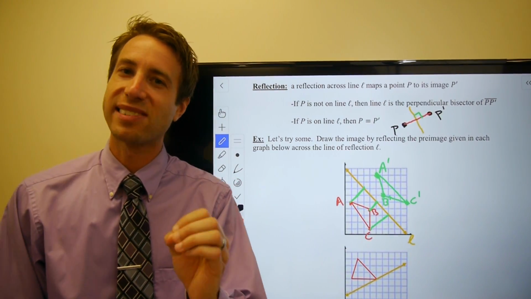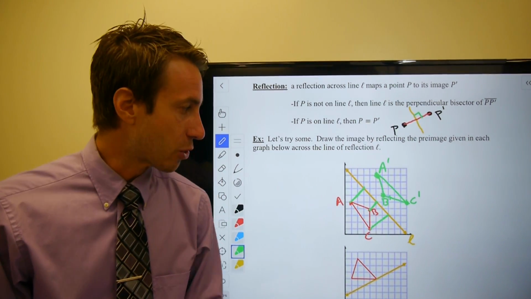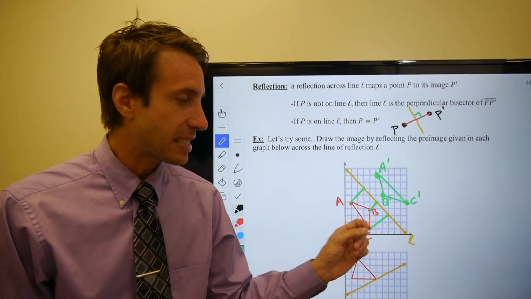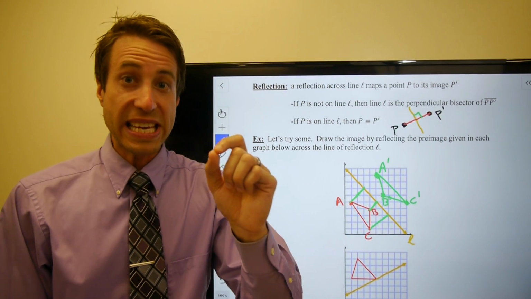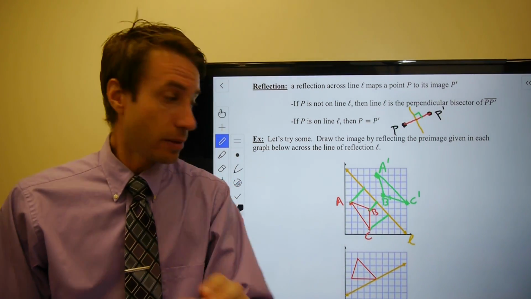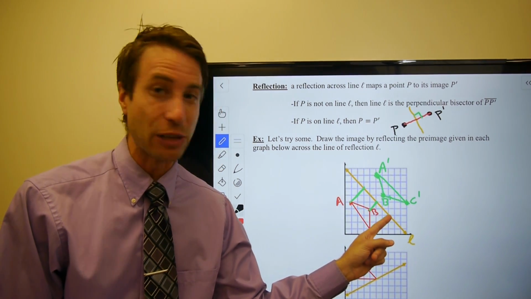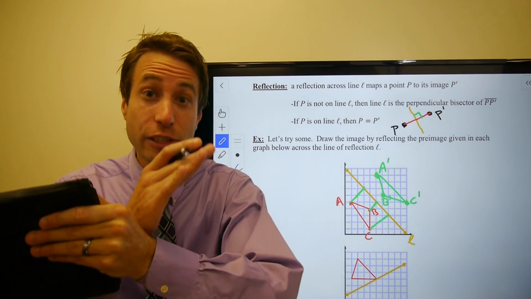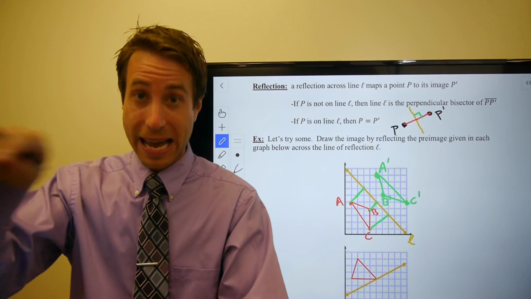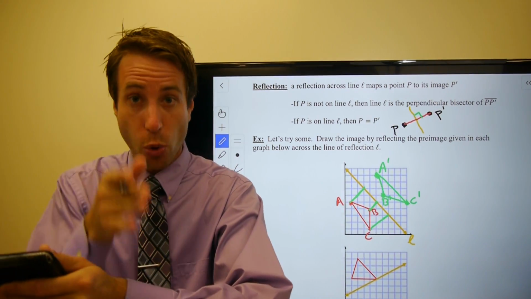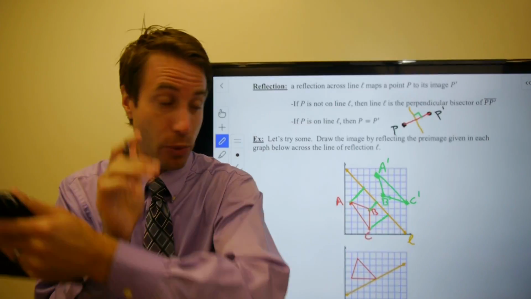Again, when I say I'll always make it easy, hopefully what you're recognizing here is that the perpendicular line and the line of reflection are meeting right at an intersection of my grid, right where my horizontal and vertical lines meet.